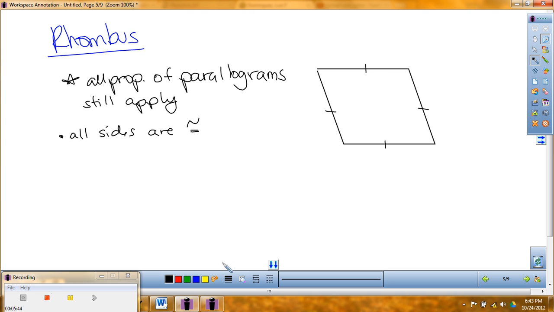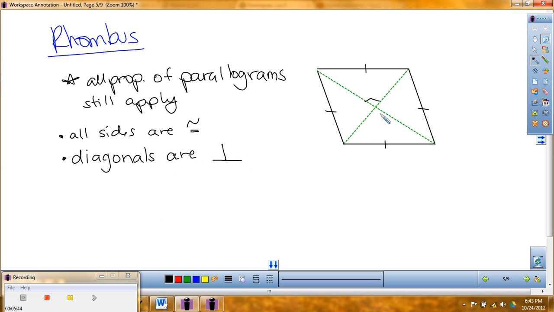The diagonals have a special relationship: they form perpendicular angles. Oops, that's messy. Can't get this to work. There, that's a 90-degree angle, you can tell. So diagonals are perpendicular.